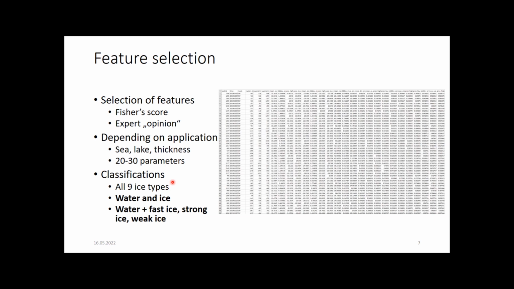That's why we agreed to have only water and ice classification first, and then the ice areas are divided into 3 different types of ice: fast ice, strong ice, and weak ice.